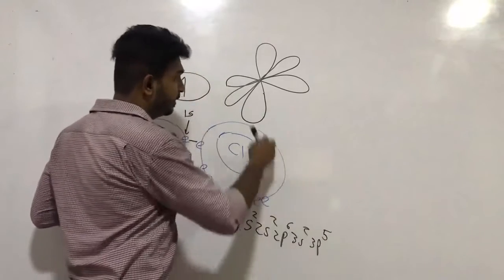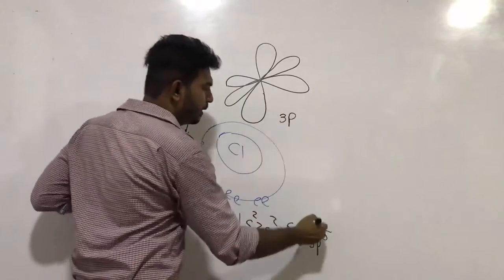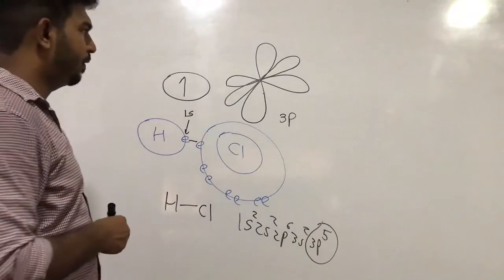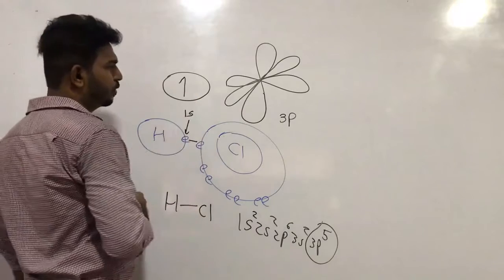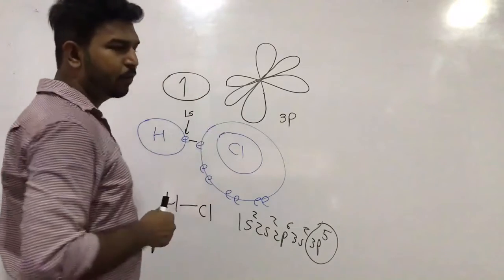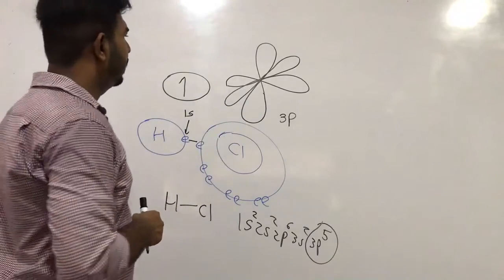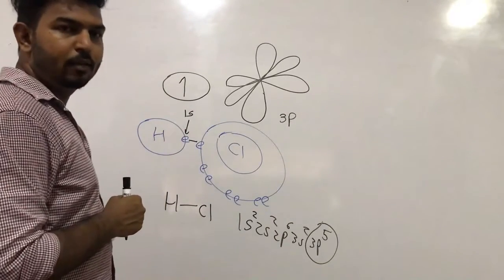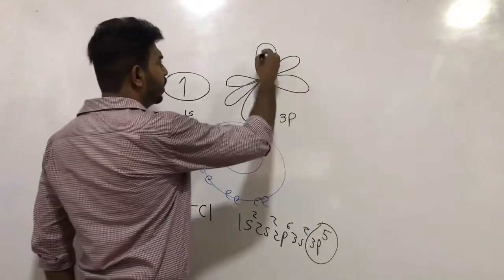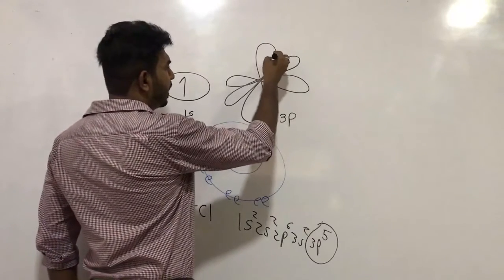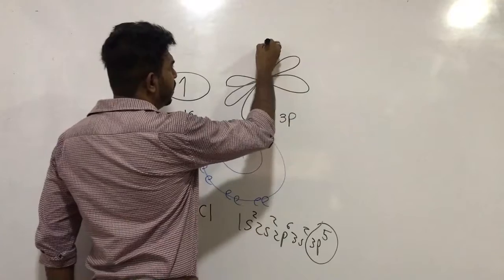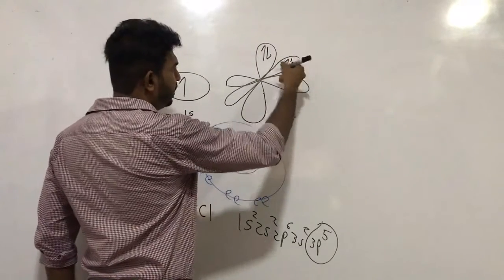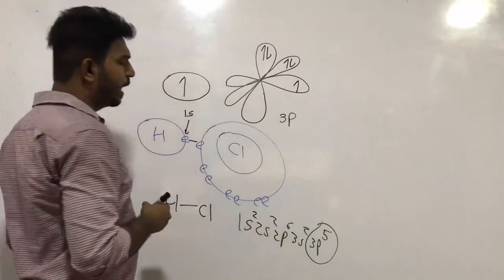So this is the 3p orbital, with 5 electrons, and there is only one unpaired electron.